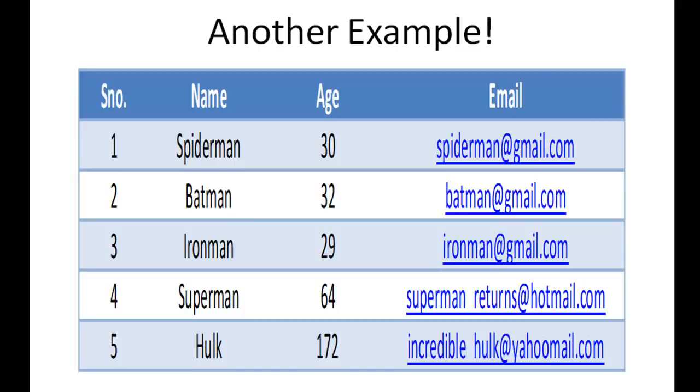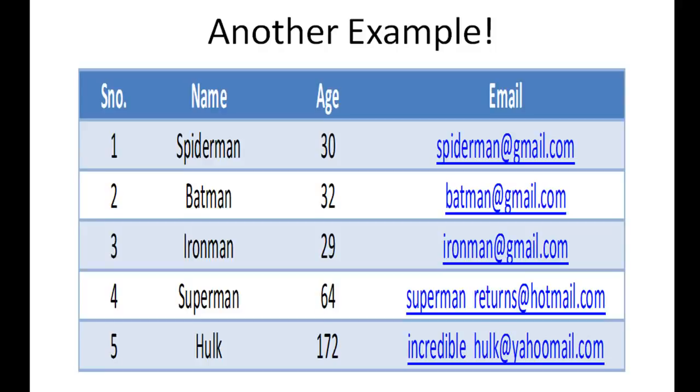Then in the next column you have age of the superheroes, and then you have email addresses of superheroes, and these are actually fake IDs. So if you're thinking about emailing Superman, this is not the correct email address, so please don't use it. Anyway, that's a bad joke.